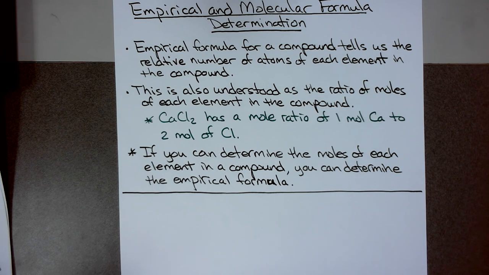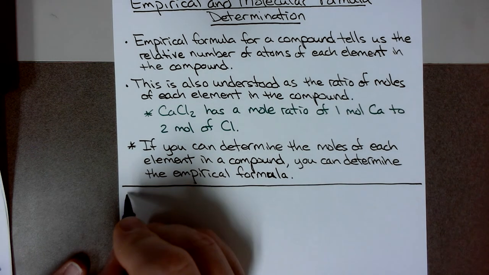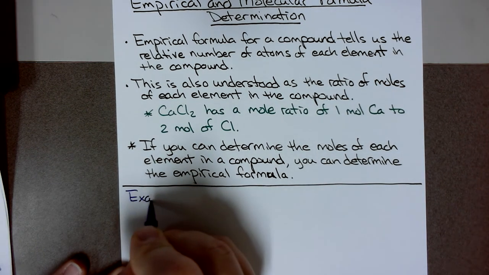So let's take a look at an example where we're using percent by mass or definite composition to determine empirical formulas. Let me write it out. Example.